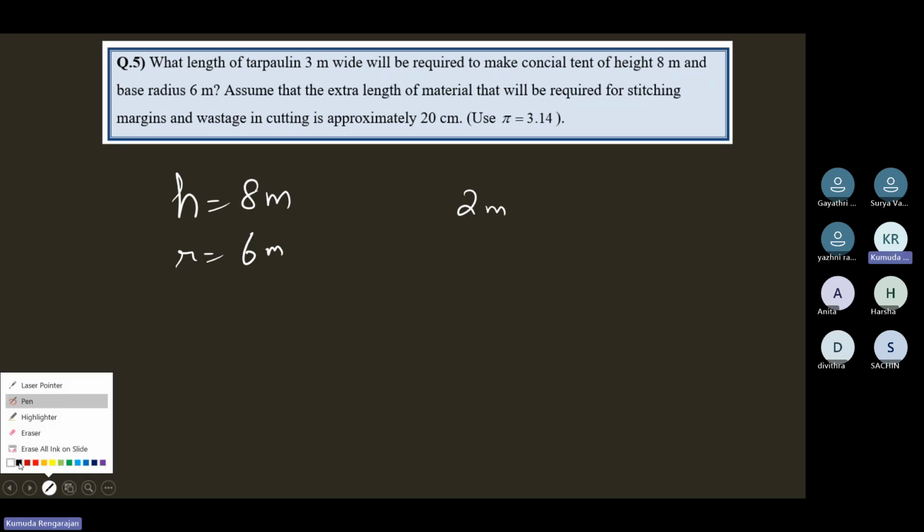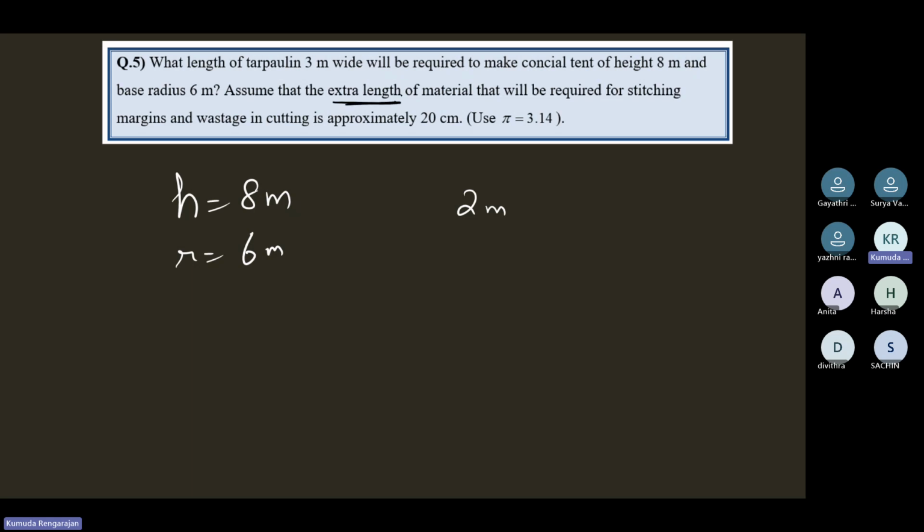Assume that the extra length, not area, extra length of the material, for stitching the margins and the wastage which is incurred in cutting. For all this, you should keep an extra fabric of 20 centimeters.